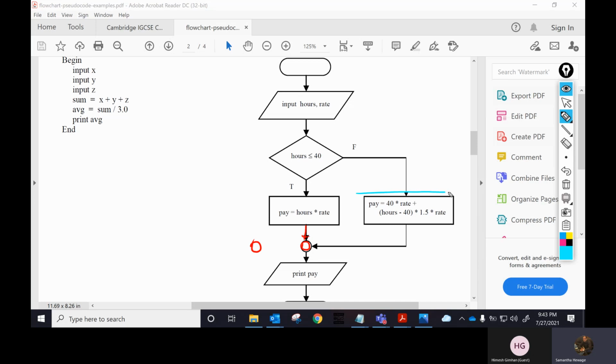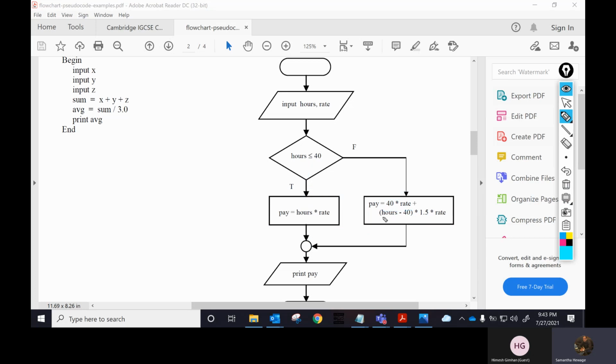If it is less than or equal to 40 hours, you are getting normal payment. But if it is more than that, as I said, you have to calculate two payments. This is for the general payment, 40 hours into the rate per hour.